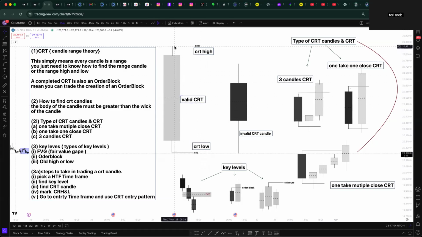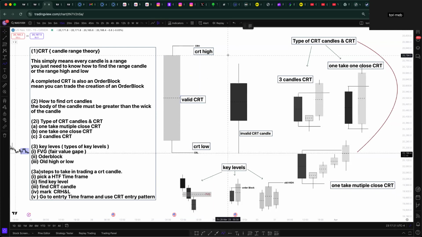If you look from the high to the low, you're going to see other little internal highs and lows that have not broken the main highs and lows. So it's more like a range. I'll explain that to you.